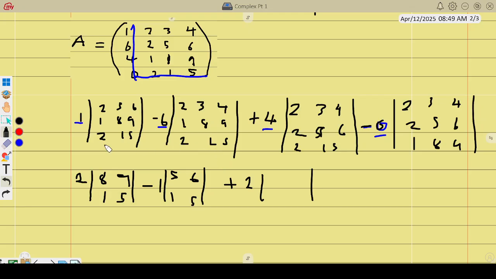And then what if we cancel the last one where there's 2? It means we're going to remain with 5, 6, 8, 9. So 5, 6, 8, 9. So what is the determinant for this?